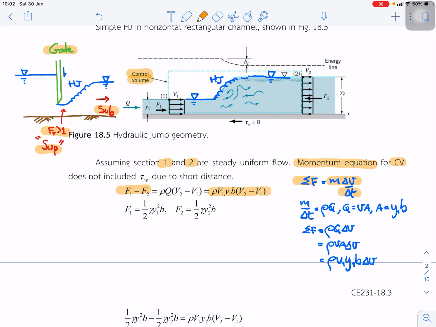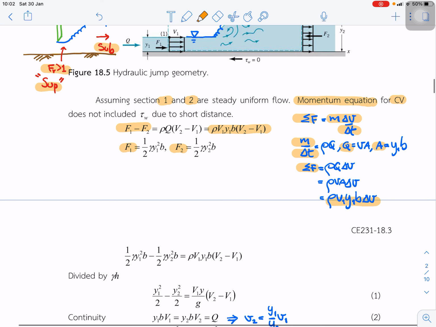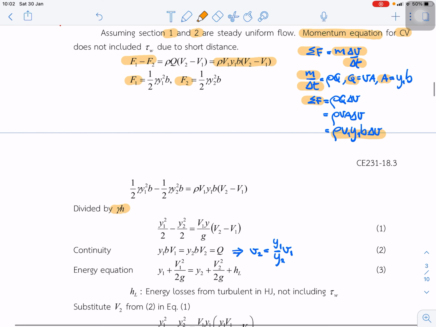We substitute mass divided by t by rho Q, and substitute Q and area in this equation. So we got the summation of force equals rho V1 y1 b and delta V on the left hand side. Next, we substitute F in this equation with the hydrostatic force, and divide by rho Q.